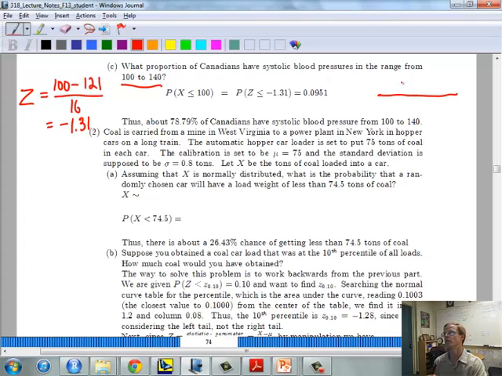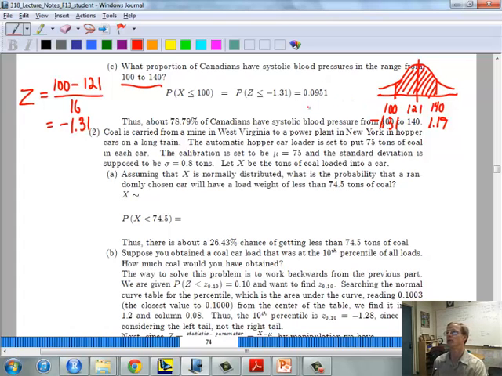So on the curve, 100 is below the mean, so over here, and the 140 was above the mean here. So we had 1.19 on the z-score, and negative 1.31, and I want that entire shaded region.